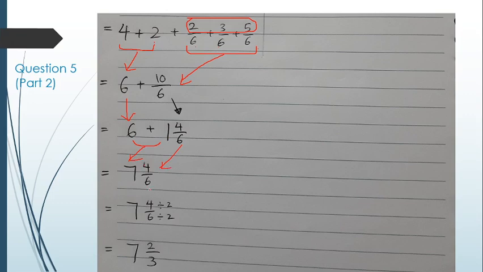And this one can be simplified into simplest form. Boleh dipermudahkan untuk jadi bentuk yang termudah ataupun yang paling kecil dengan membahagikan dengan 2. Okay. So bila dibahagi dengan 2, we will have 7 2 over 3. So that is the answer. Right? You get it?